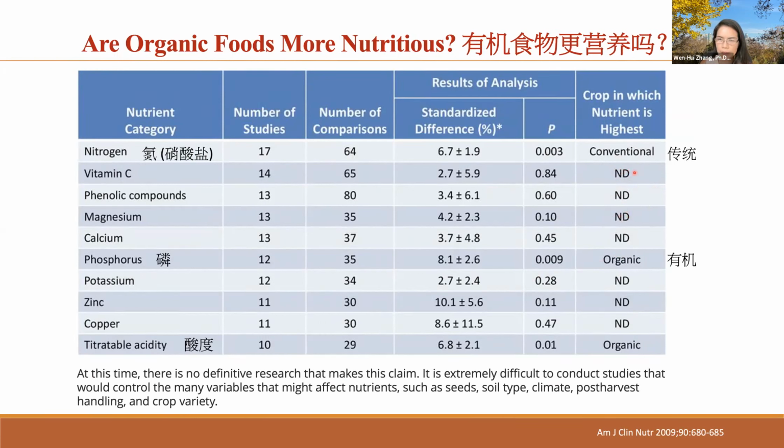Statistically, there is no difference in the nutrition panel of organic foods and conventional foods. The only two that are statistically significant are nitrogen, which is more in conventional foods, and phosphorus, which is more in organic foods.